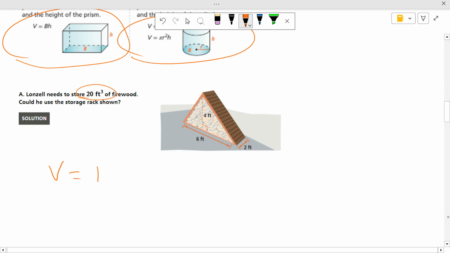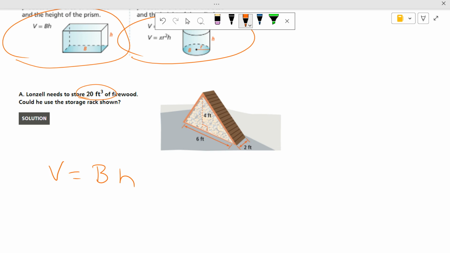The volume is the area of the base times the height. Now, the area of the base, remember when we were doing prisms, if it was laying down, what's the base? If it's laying down like this, what's the base of this? The triangle. You have to tip it up like this to think of it as the base being on the bottom. So if it's laying down, the bottom is not the base, the triangle's the base.